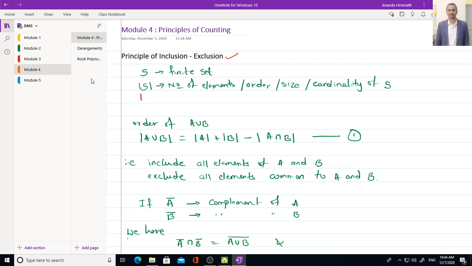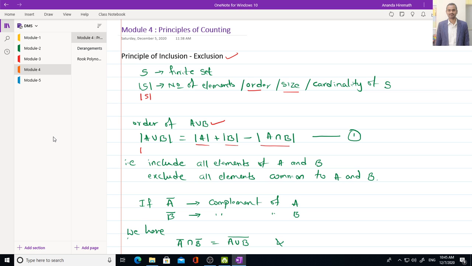and the cardinality of S is the number of elements in set S. It is also called the order of set or size of set, or as I said, the cardinality of S. Then the order of A union B, that is the number of elements in A union B, is given by the number of elements in A plus the number of elements in B minus the number of elements in A intersection B. Okay.